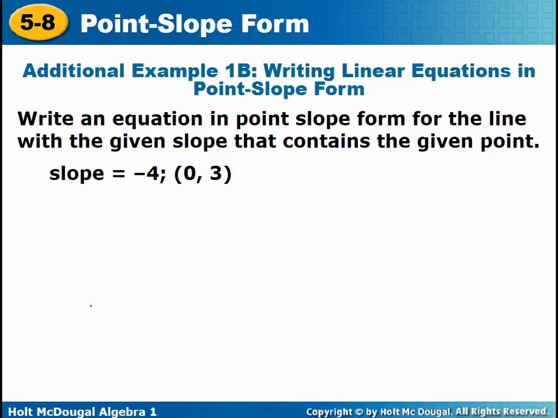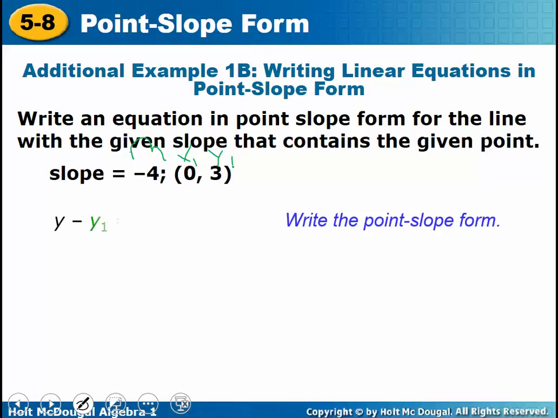Okay, let's look at another one. In this one, our slope, that's our m, is -4, our x sub 1 is 0, and our y sub 1 is 3. So we are going to first write down the point-slope form of a line, write down the original point-slope form, and there it is. That's good practice in memorizing it as well.